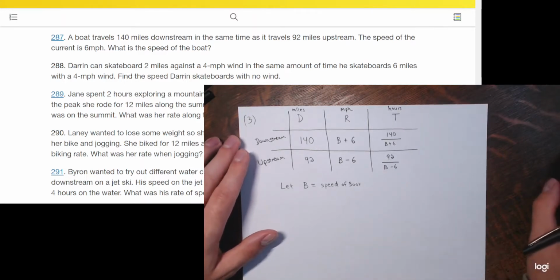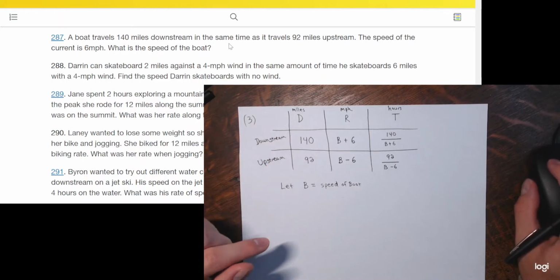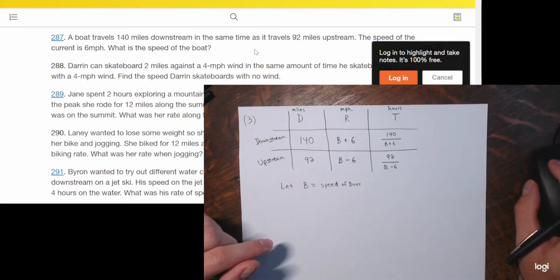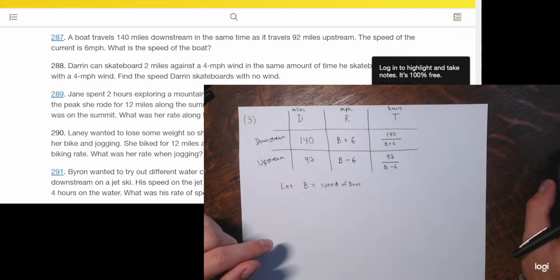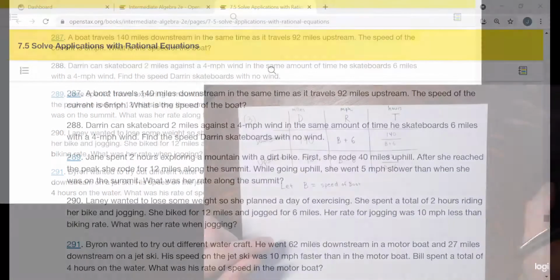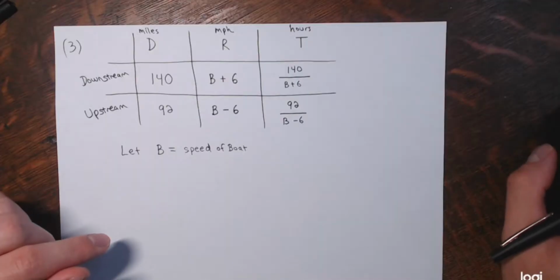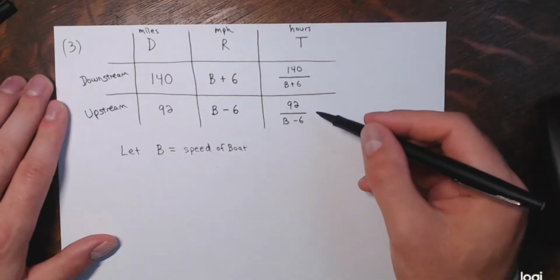And then just as in the first two questions, they have, in the same time, in the same time. Okay, so I'll make this bigger and we're going to just equate the times, just like the first two questions.